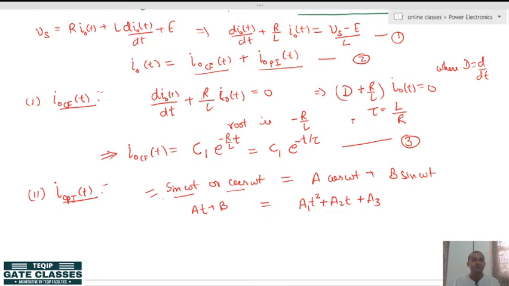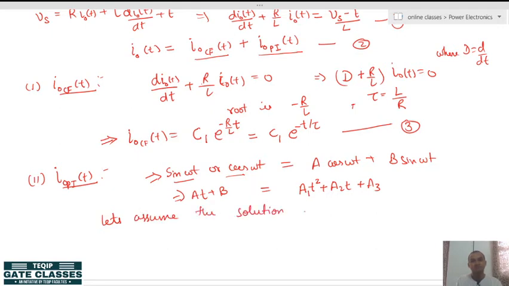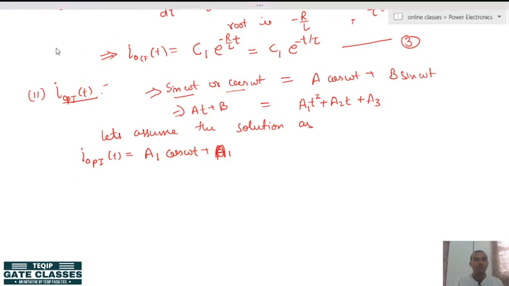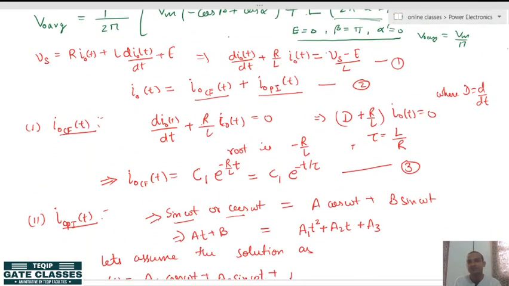All right. So based on this concept, let's assume the solution like this: the solution I naught p of t is equal to some constant a1 cos omega t plus a2 sin omega t plus, now again you see, if you see the first equation here, there is a sine wave and there is some constant also.